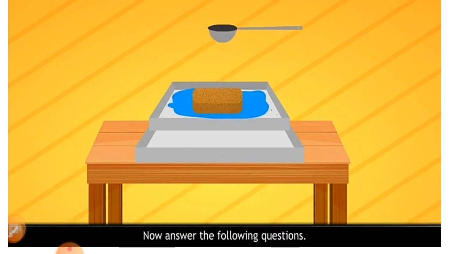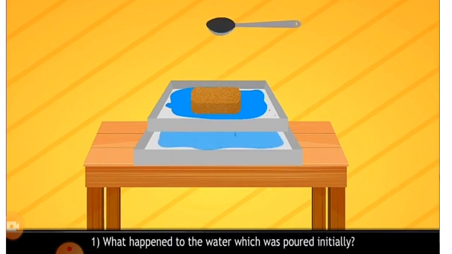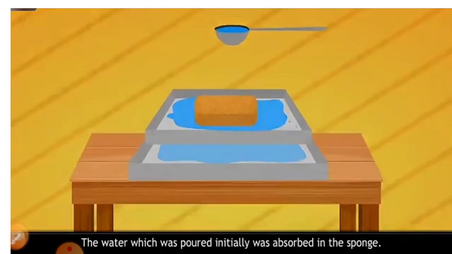Now answer the following questions. Question number first. What happened to the water which was poured initially? Answer. The water which was poured initially was absorbed in the sponge.